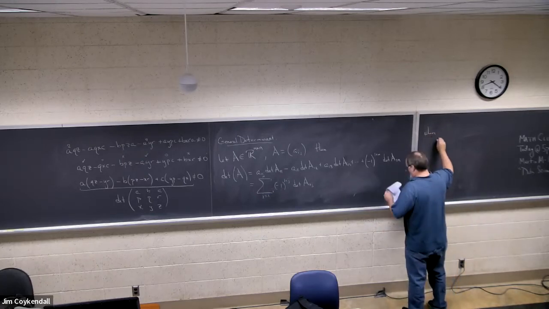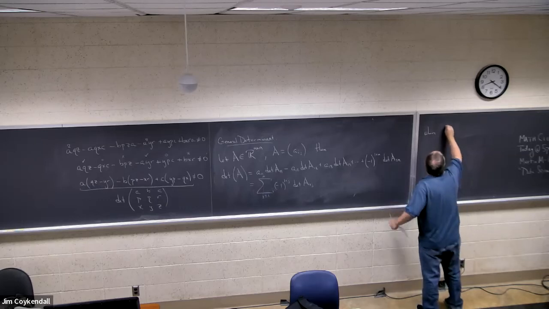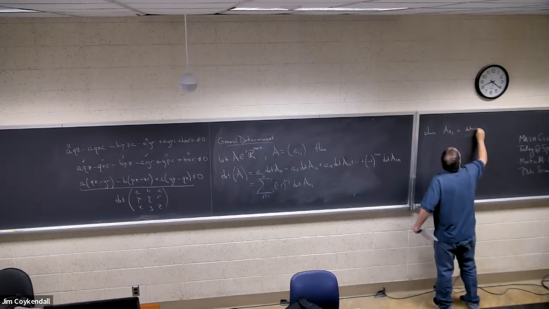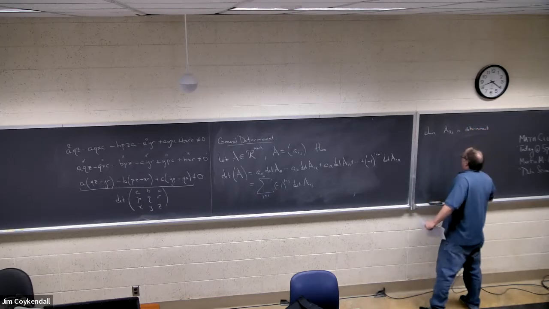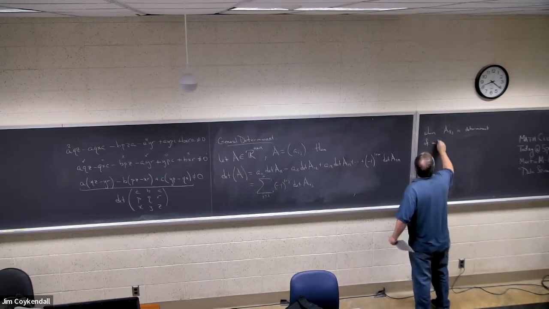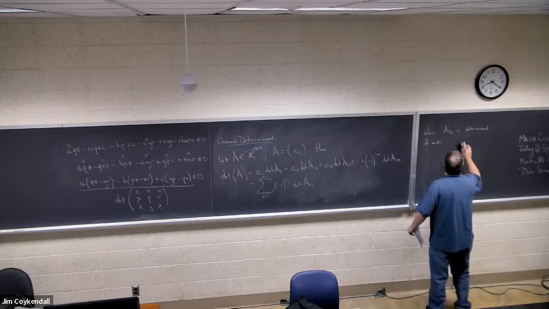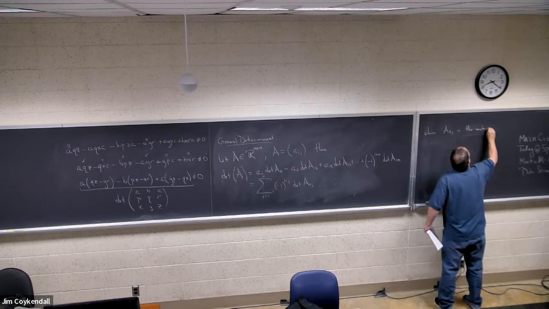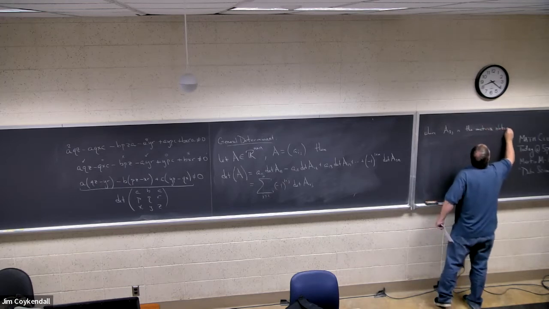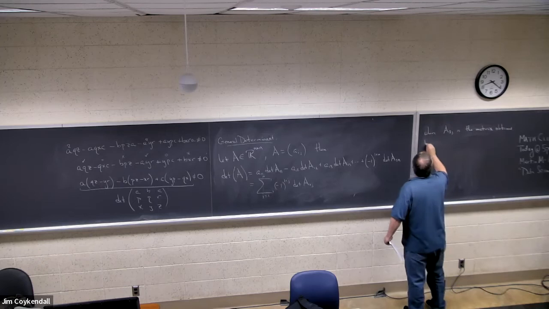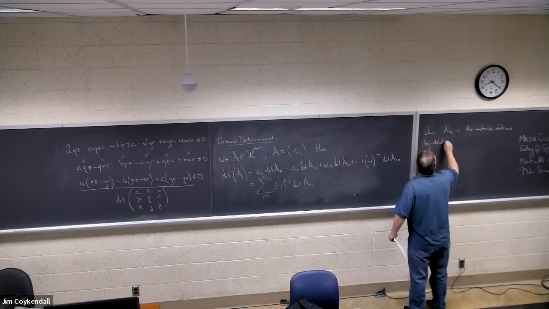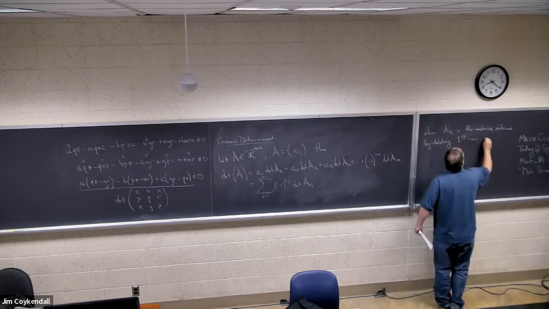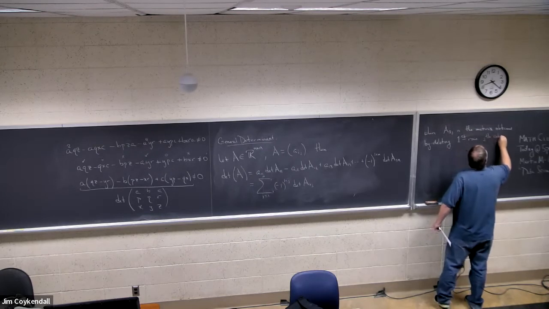Where A1j is the matrix obtained by deleting the first row and jth column.